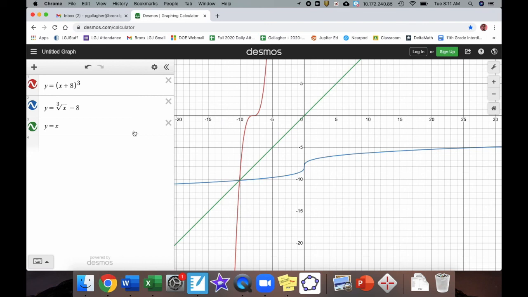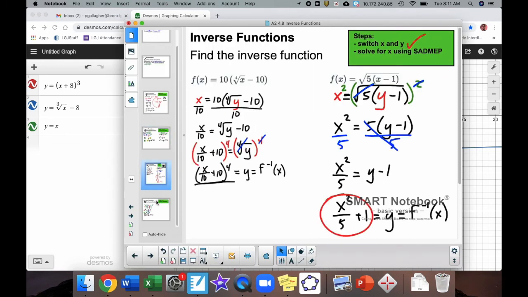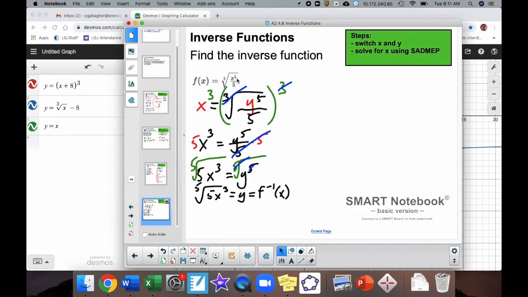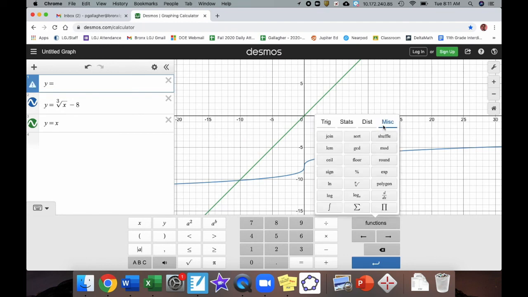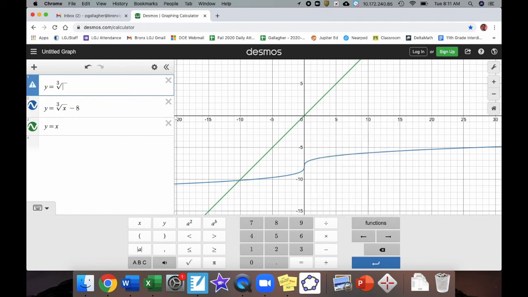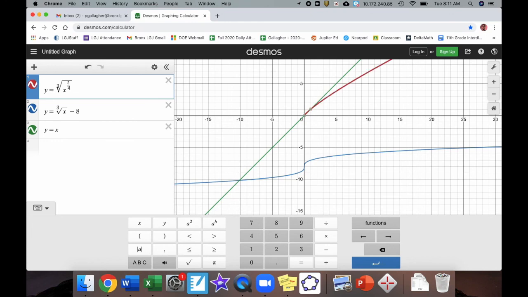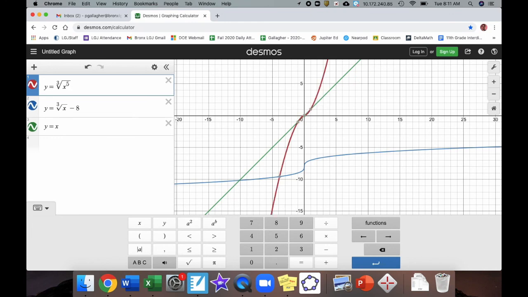They're mirror images over that line. We can check it a third time with that weird looking one. So we had the cube root of x to the fifth over 5.